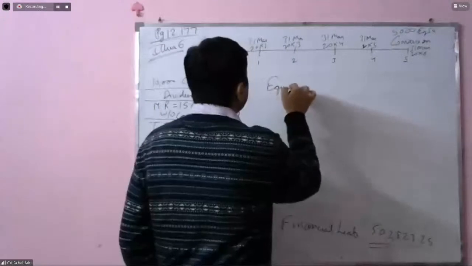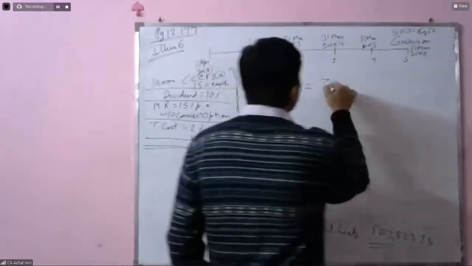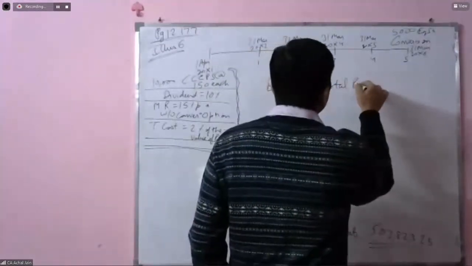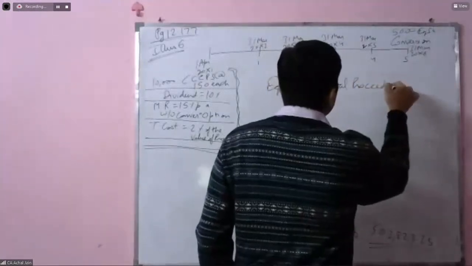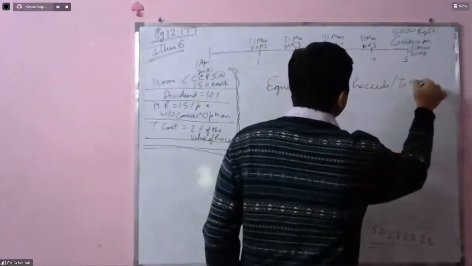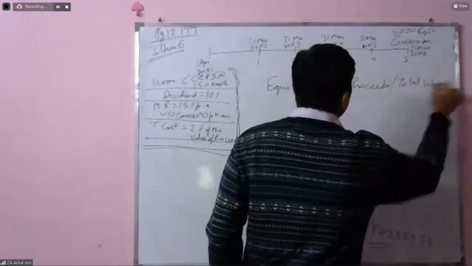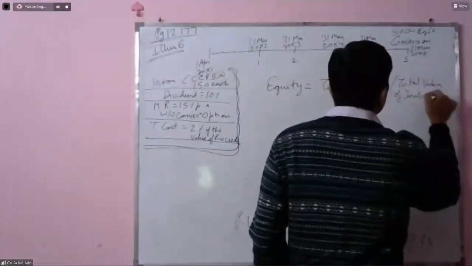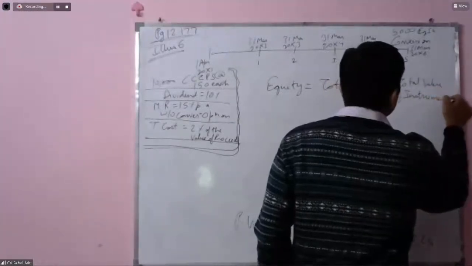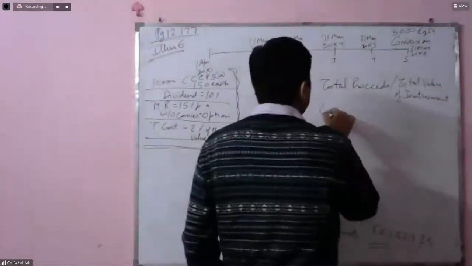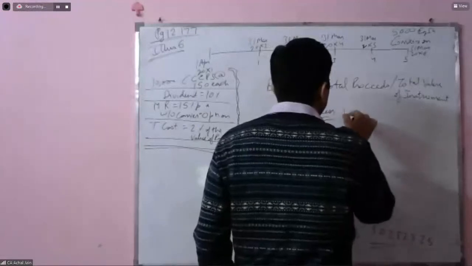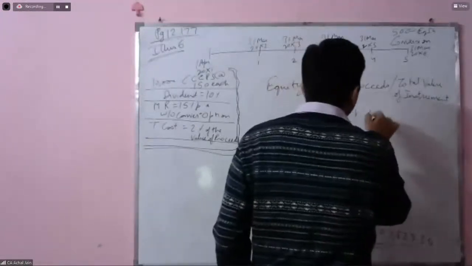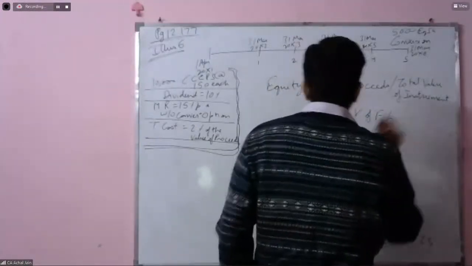So the equity portion is what? Total proceeds, or we can say total value of instrument, less fair value of financial liability.